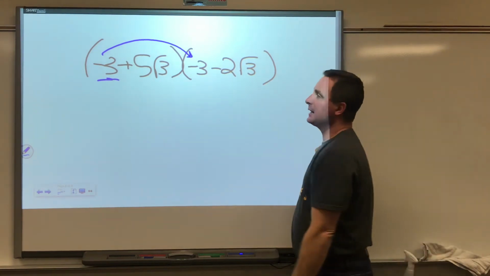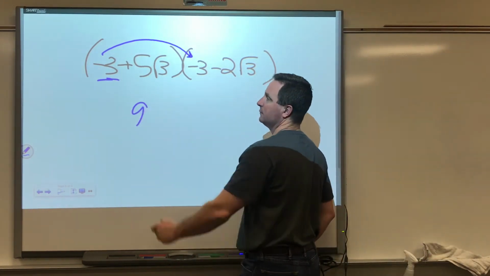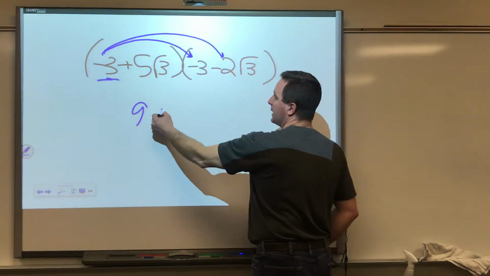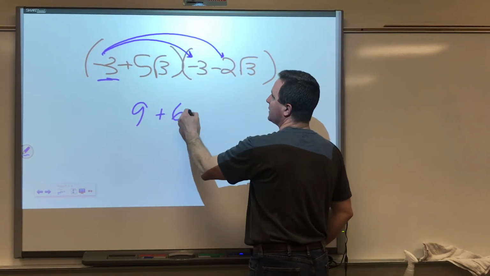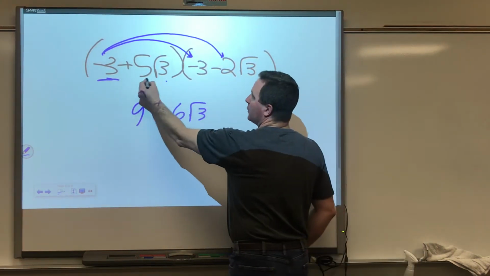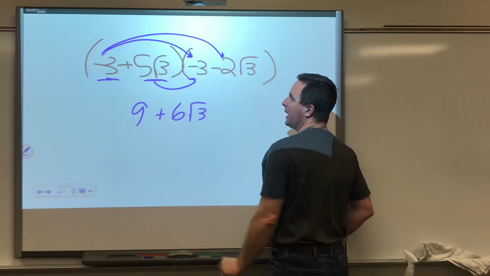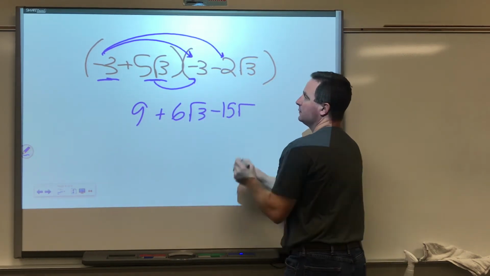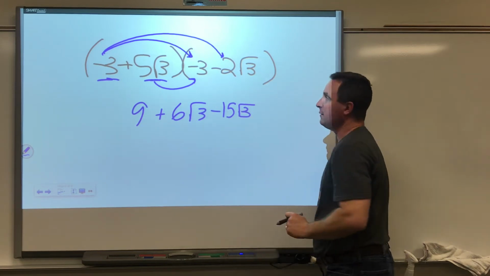Negative 3 times negative 3 is positive 9. Then I'm going to take negative 3 times this one. That looks like it turns into positive 6 with the square root of 3. I then go to my inside term and I multiply it here. 5 times negative 3 is negative 15 with the square root of 3.